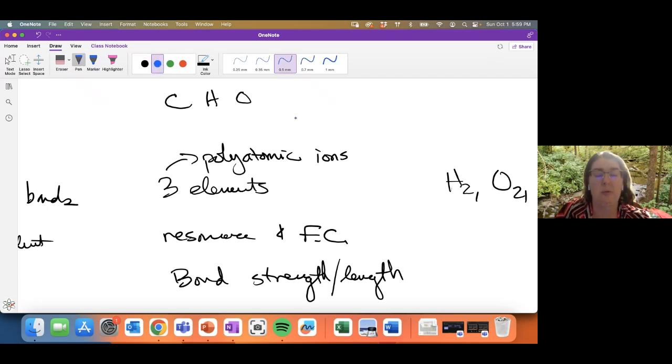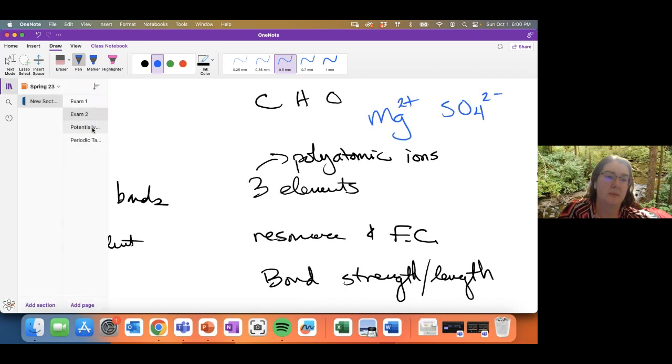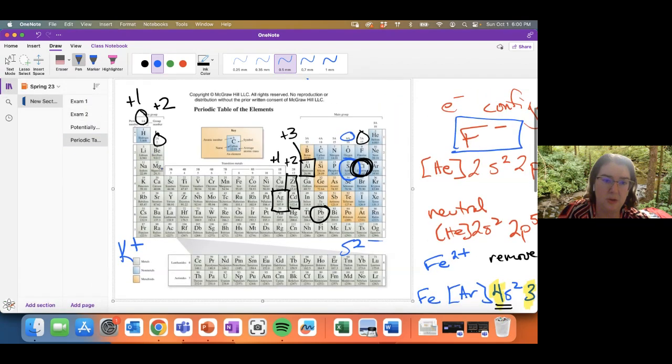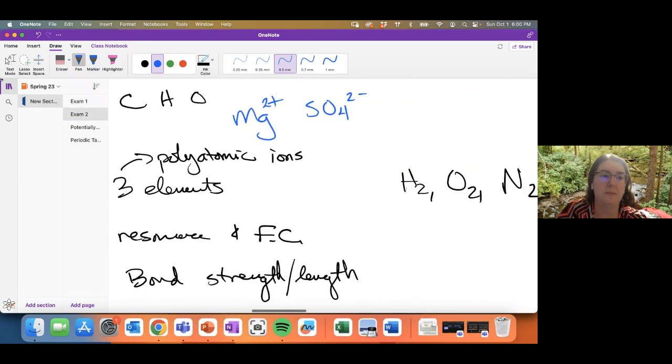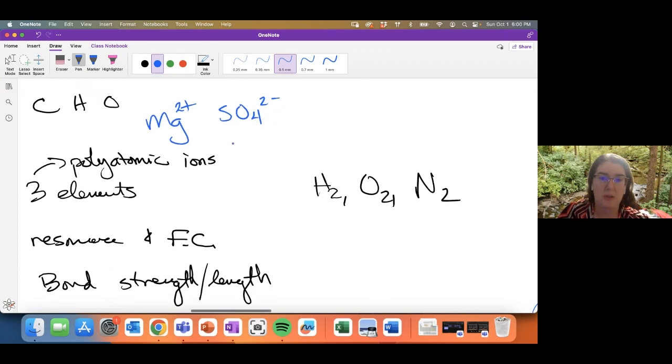But back to some of the examples we were doing with polyatomic ions, like if I have magnesium, which is +2, and I have sulfate, which is -2, those only go together in one way, because magnesium is an alkaline earth metal, so it's got a +2 charge, and it always has that +2 charge, and sulfate is a polyatomic ion, and it always has a -2 charge.